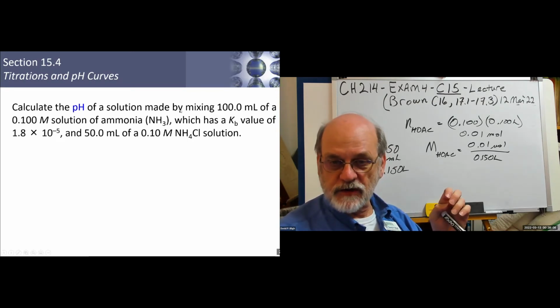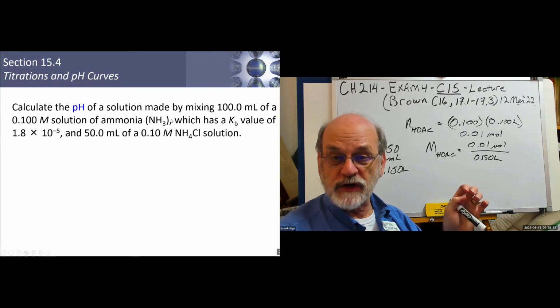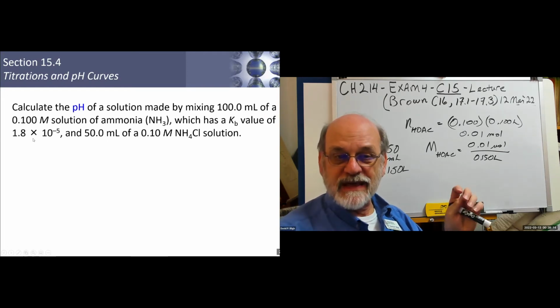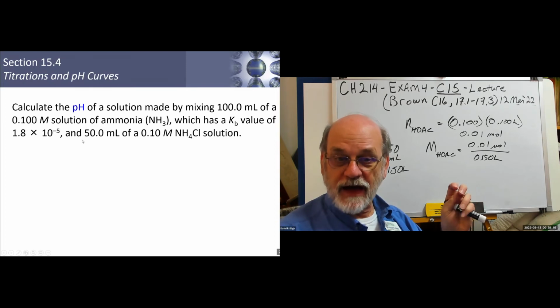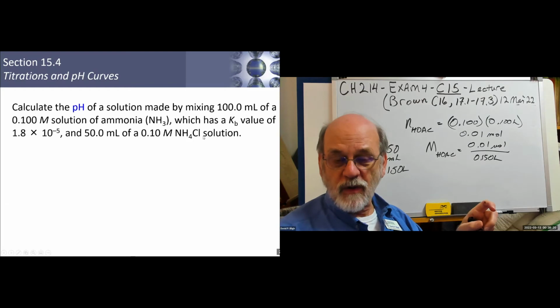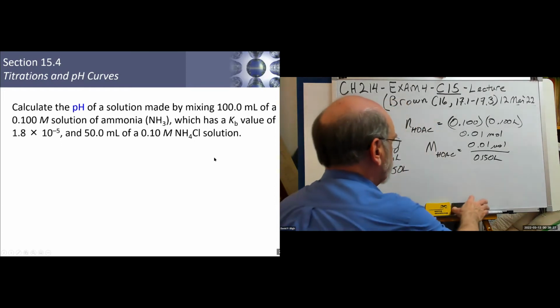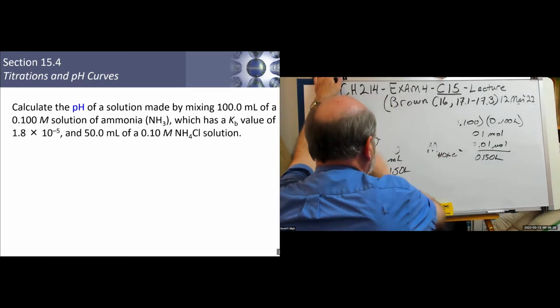Calculate the pH of this solution made by mixing 100 milliliters of 0.1 molar ammonia with a Kb of 1.8 times 10 to the minus 5 and 50 milliliters of 0.1 molar ammonium chloride solution. Why did we pick that one? Well, let's take a look.